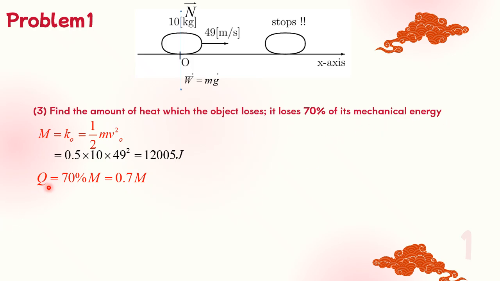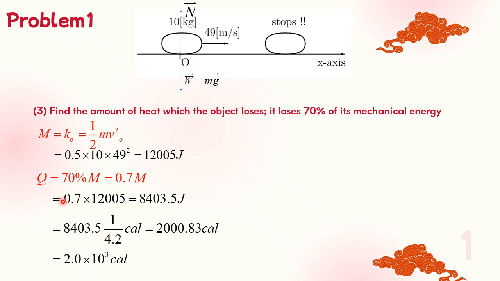So we can say Q is the heat that the object loses, which equals 70% multiplied by the mechanical energy. So it's 0.7 times 12,005, and we have 8,403.5 joules.